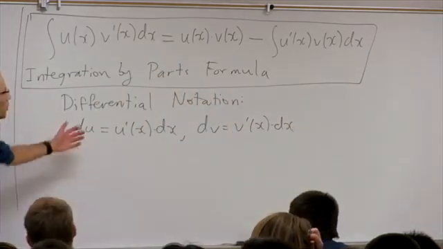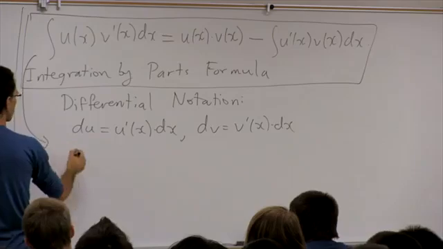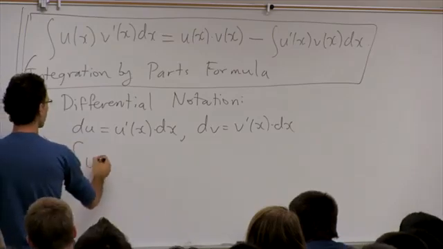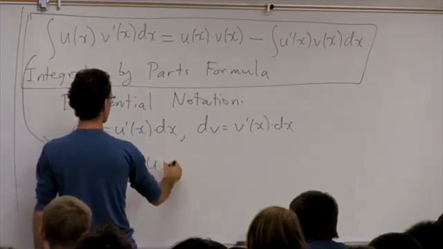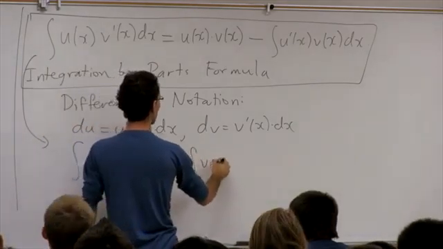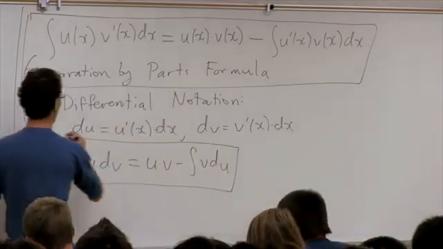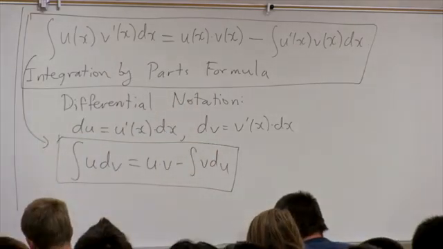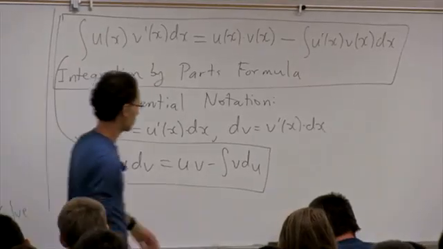With this short notation, we can rewrite the formula in a more compact way: the integral of u dv is u times v minus the integral of v du. This is a much easier way of writing and remembering integration by parts.